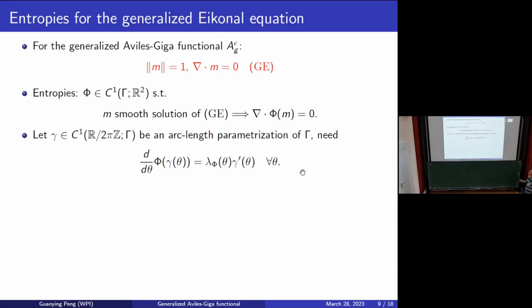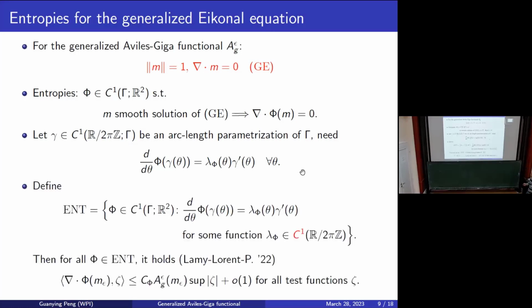Namely, the derivative of phi applied to gamma theta has to be tangent to gamma at every point. In other words, it's a scalar multiple of the unit tangent on the curve gamma. This is for all theta. And then further, entropies have to satisfy the important estimate connecting entropy productions and the energy. This is what happens to entropies for the classical Aviles-Giga functional and Eikonal equation. So here we require such a type of estimate.